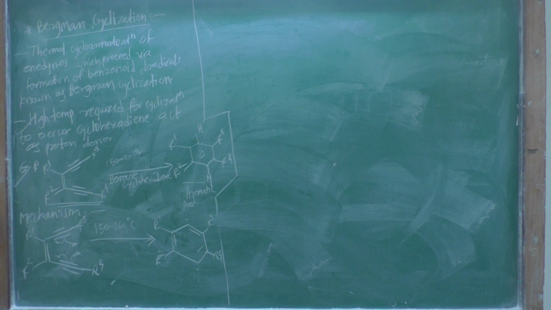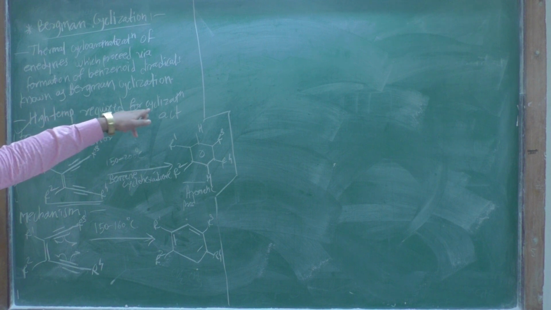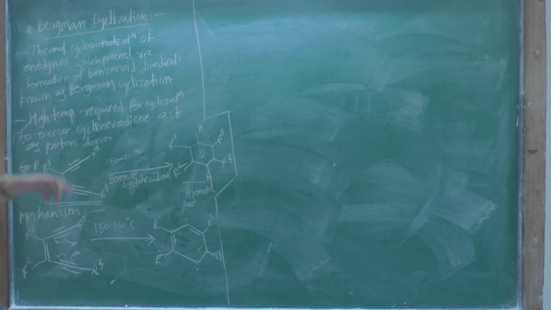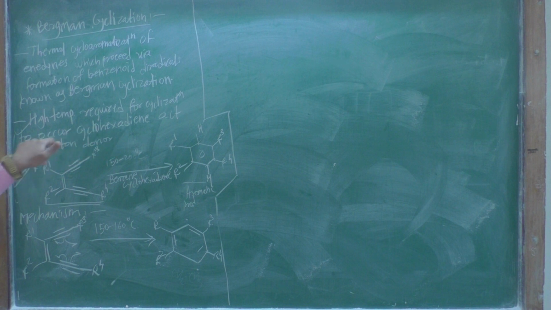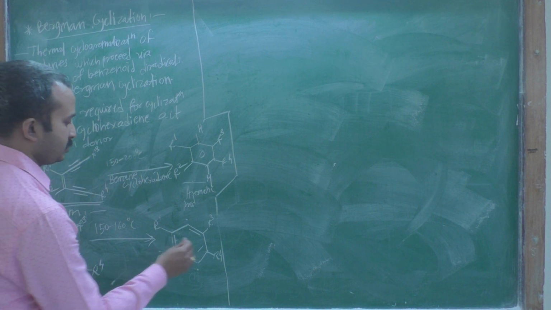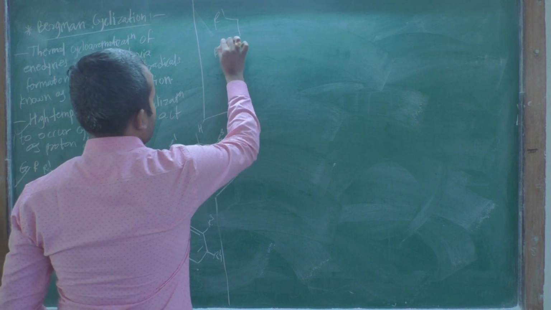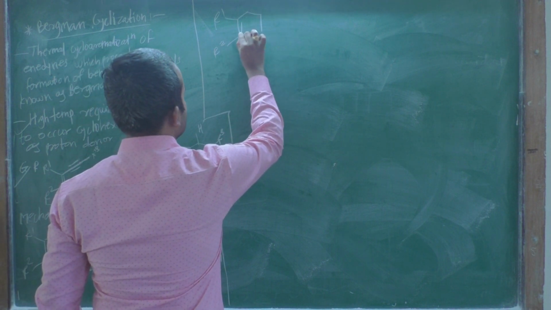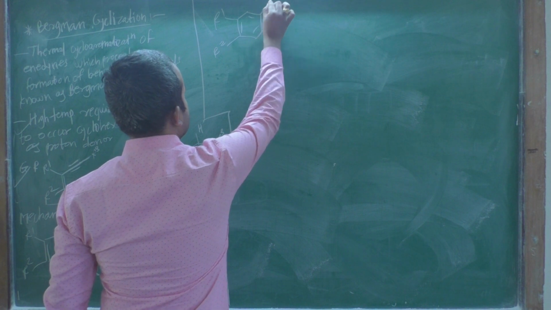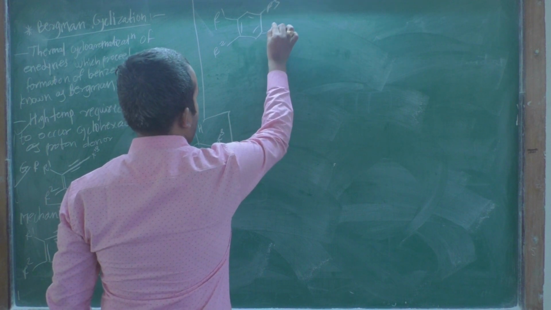Next, you use cyclohexadiene as a hydrogen donor. At high temperature, the cyclization reaction occurs, and cyclohexadiene acts as a hydrogen donor. This is your diradical product with R1, R2, R3 and R4.